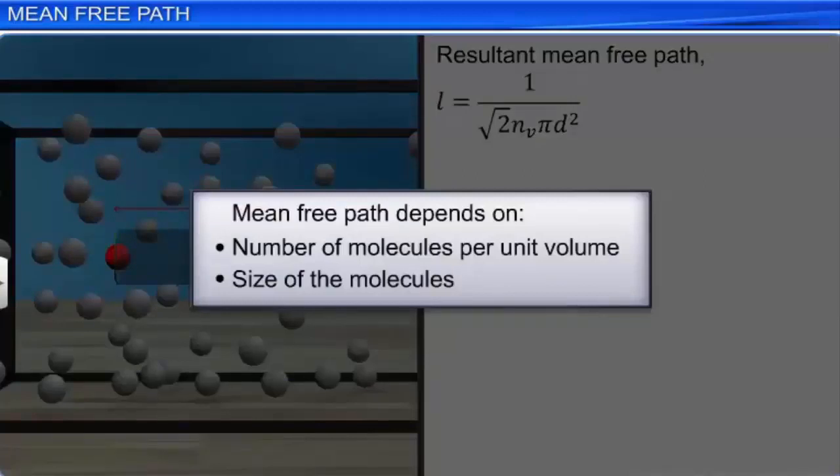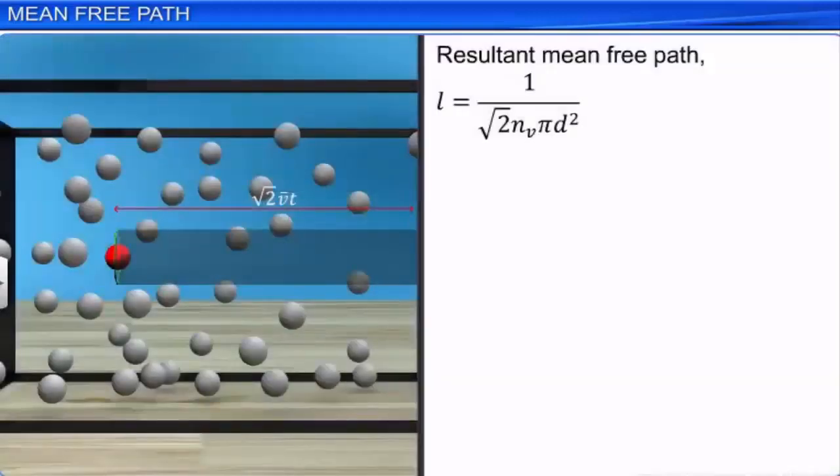That is, mean free path is inversely proportional to the number of molecules per unit volume, or L is inversely proportional to nv. And it is also inversely proportional to the square of the diameter of the molecule, or L is inversely proportional to d square.